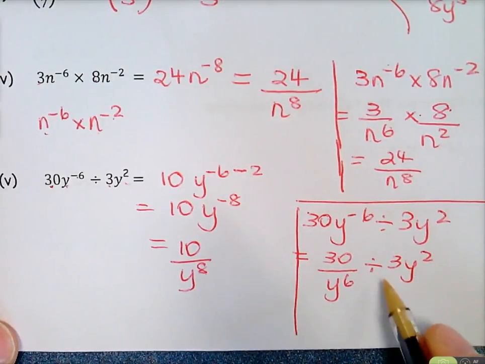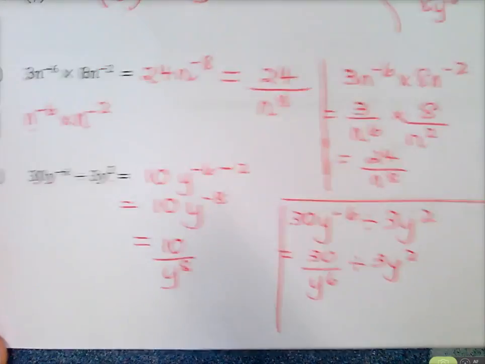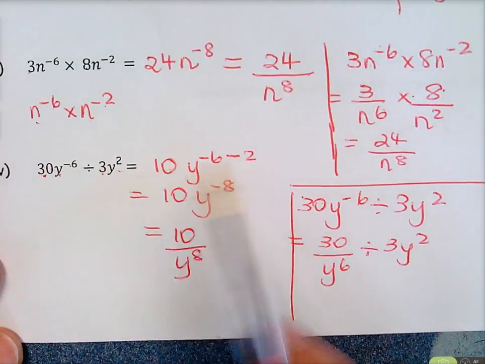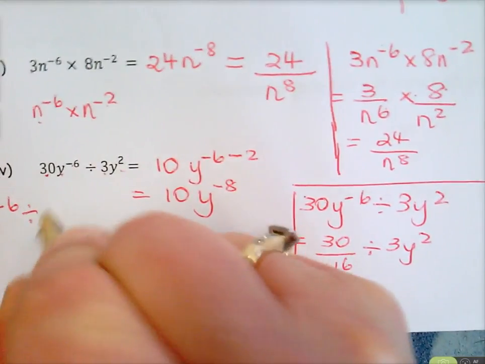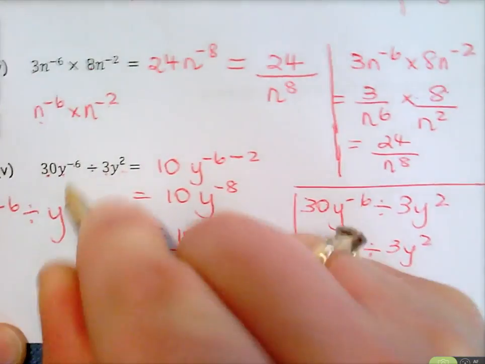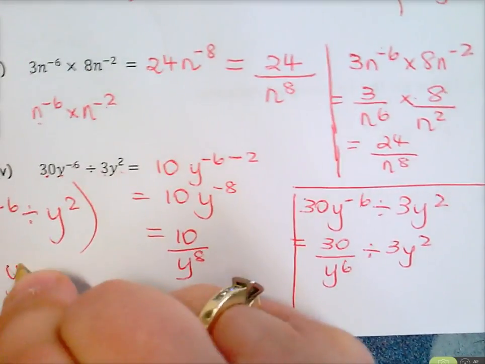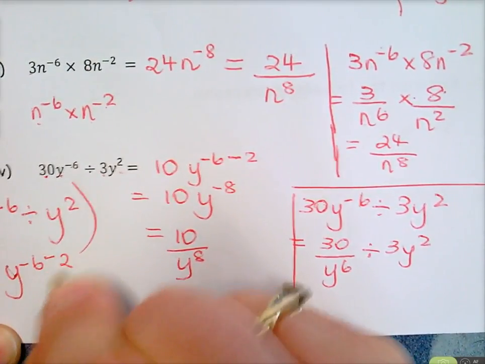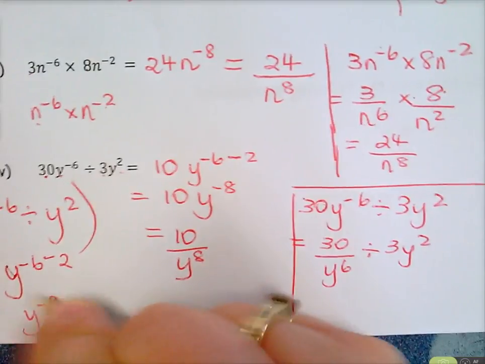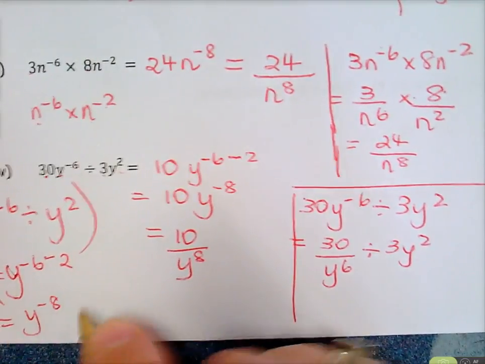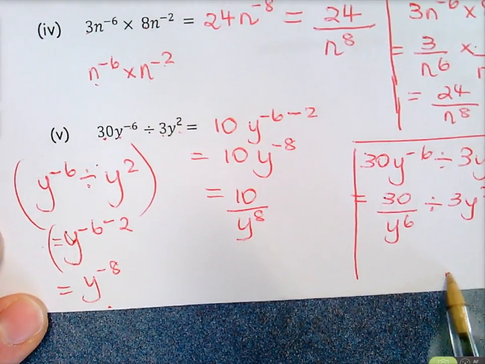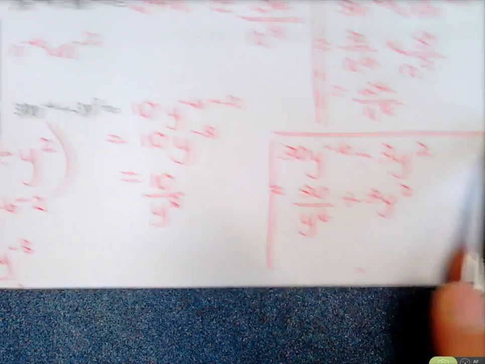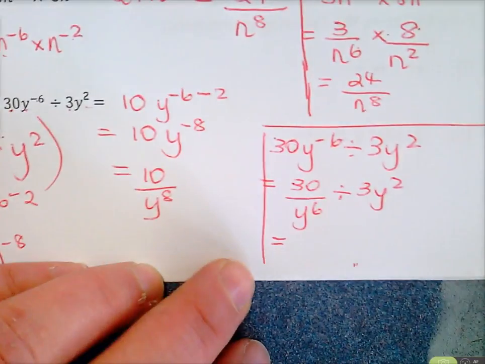You're going to have to do the reciprocal of this, and people are going to get all mixed up. This first way really, you're doing y to the -6 divided by y squared. If you look at that on its own, it is this first power minus the second one. It's the better way to go, doing it that way, rather than this way. I'll keep going with this way, but this way is only going to cause problems.